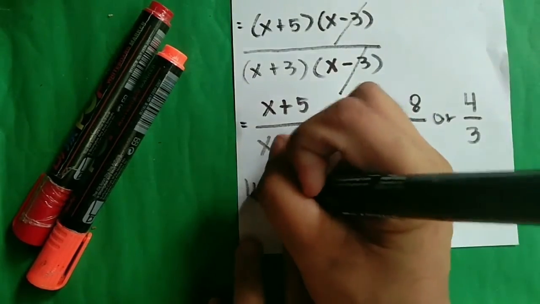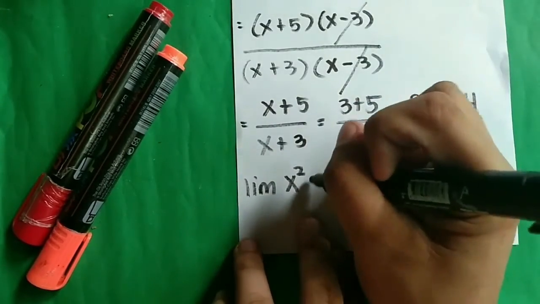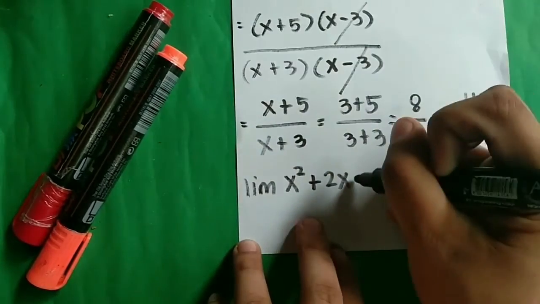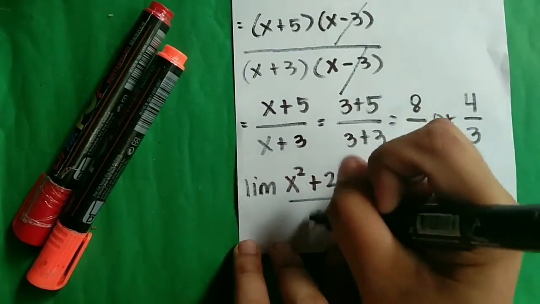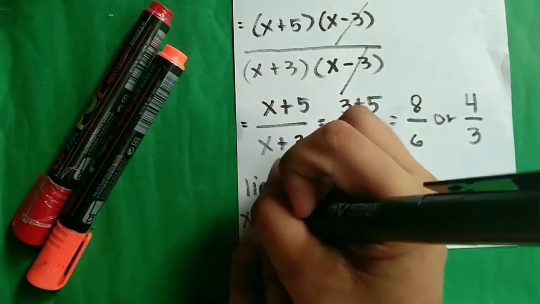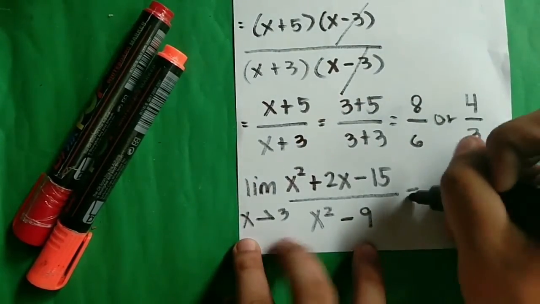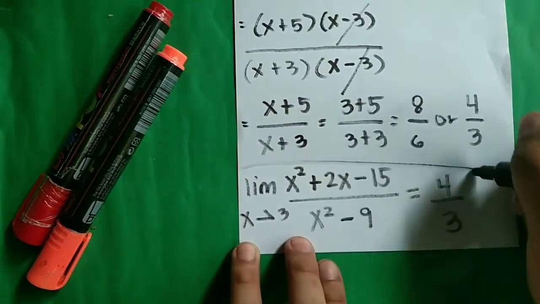So, the limit of x squared plus 2x minus 15 all over x squared minus 9 as x approaches 3 is equal to 4 over 3. That is our final answer.